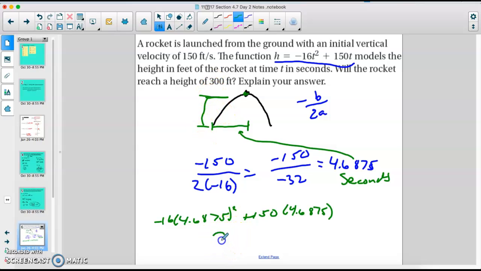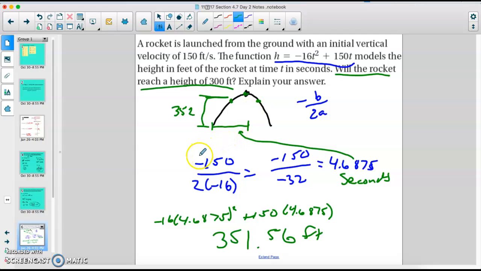And that height, to save you some time, is 351.56 feet. Okay, so the tallest it got was about 352 feet, give or take. And so to answer the question, will the rocket reach the height of 300 feet? Yeah, it will. It'll reach it right about here, and then it'll also reach that height right around here as it comes back down, right?